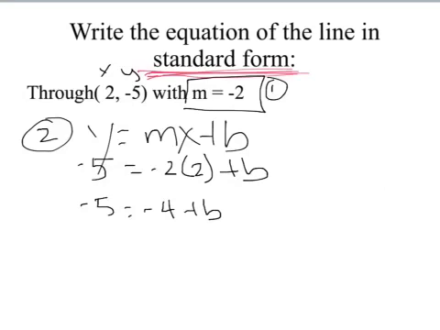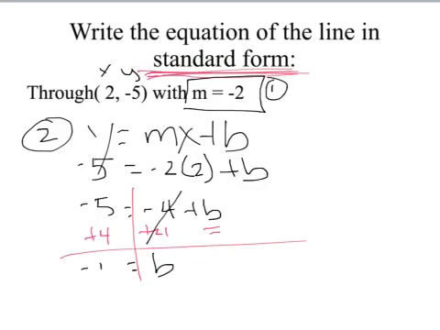So I'm going to go ahead and add 4 to both sides because I'm trying to isolate the b. -5 plus 4 is a -1. -4 plus 4 cancels, so b is equal to a -1.